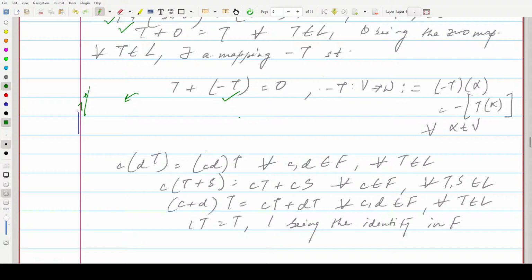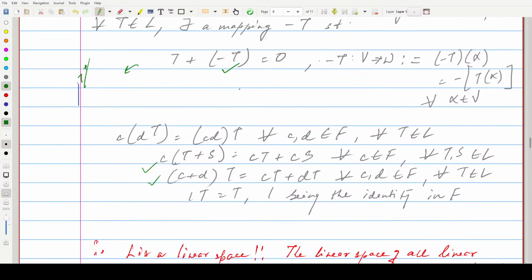Okay. So considering the scalar multiplication, we have C of D times the transformation giving C of D, the entire thing, associativity, and then we have the two distributive laws, and we have the identity in F. I think it should be clear to anyone who has gone through how to define a vector space.